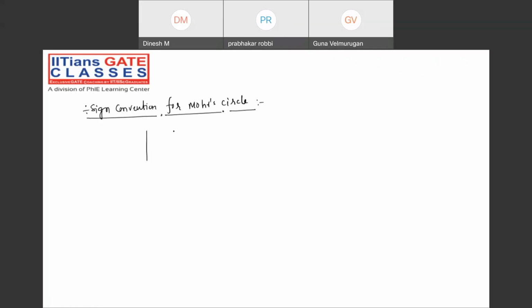No doubt. If it is something like this, I'll be taking positive sigma x. If it is acting like this, I will be taking positive sigma y.